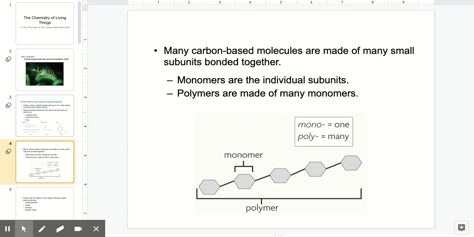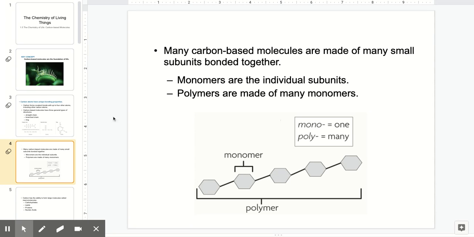Another unique property about many carbon based molecules is that they are made up of little pieces, kind of like beads on a string, and those little pieces are called monomers. And those monomers, again, those little beads on a string, get put together to form a polymer.